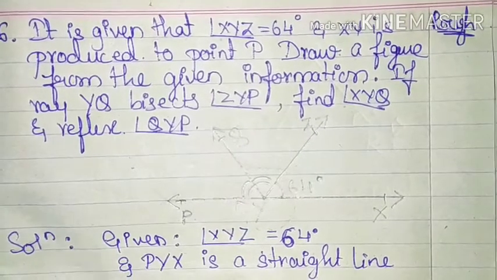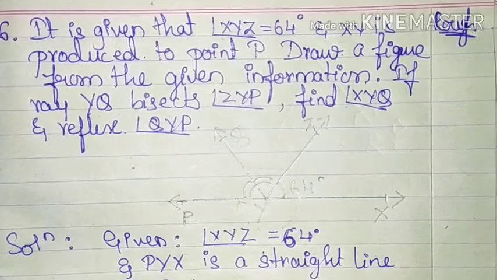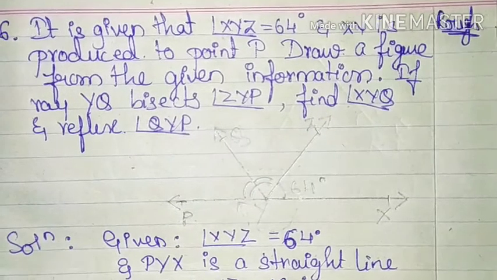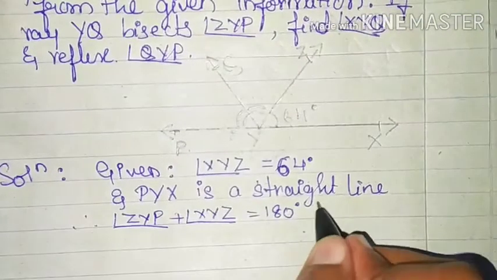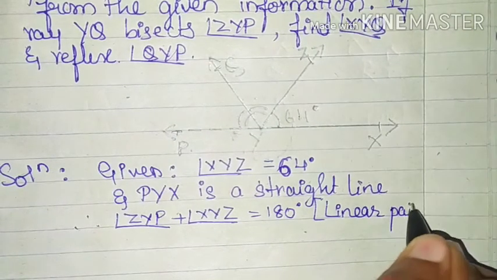Therefore, angle ZYP plus angle XYZ is equal to 180 degrees because they are a linear pair.